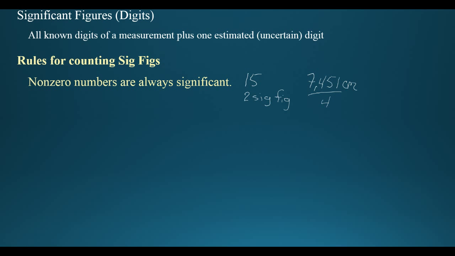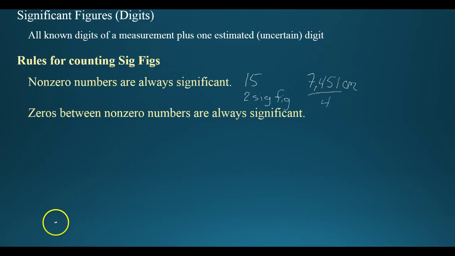Okay, the next rule we have is zeros between non-zero numbers are always significant. That just makes sense. So if we have a number like 104 milliliters, that 0 in between the 2 non-zeros is significant. So you have 3 significant figures.